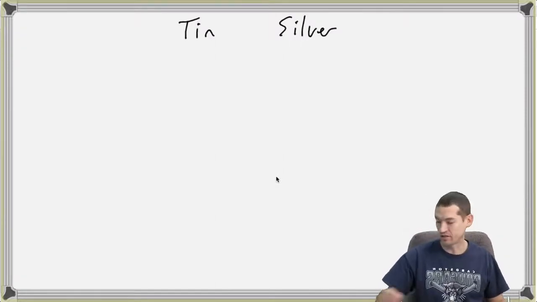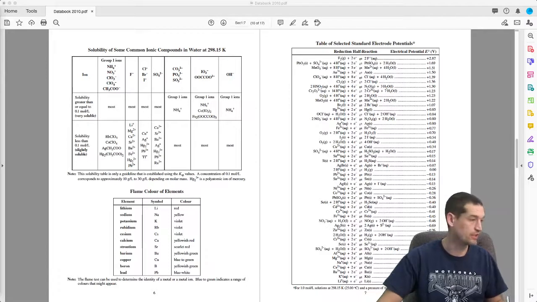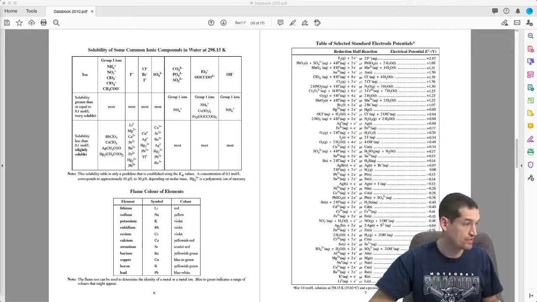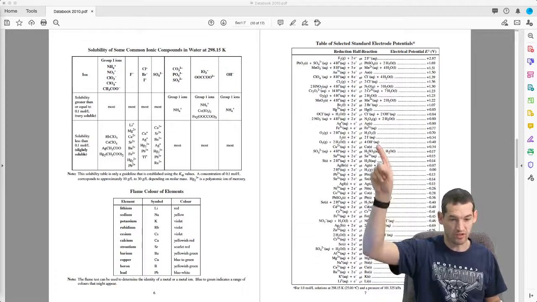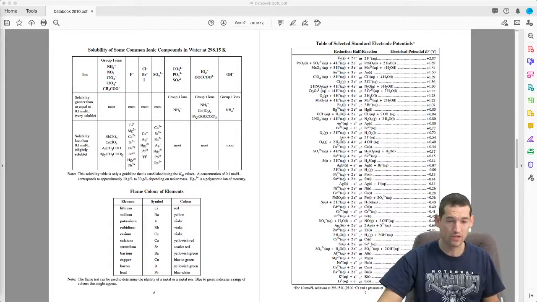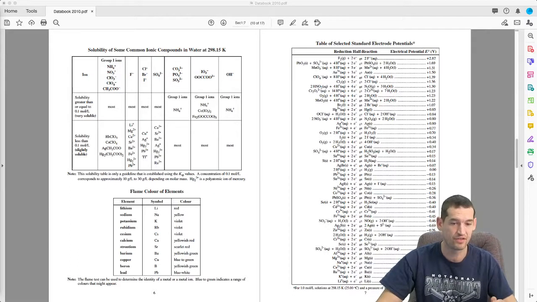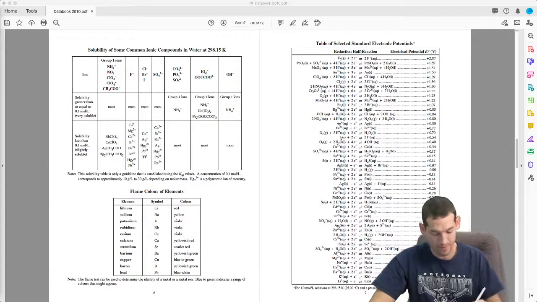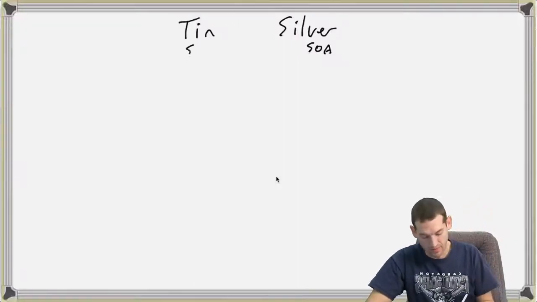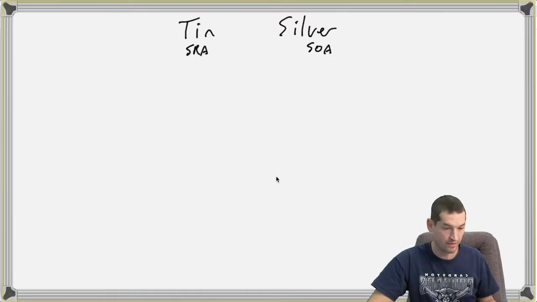If you look back at your data table, your tin is right here, Sn solid, Sn2 positive. And our silver is much higher, at positive 0.80 is the silver reaction. Silver is higher on the left, so it's going to be my SOA, and the tin will be my SRA.